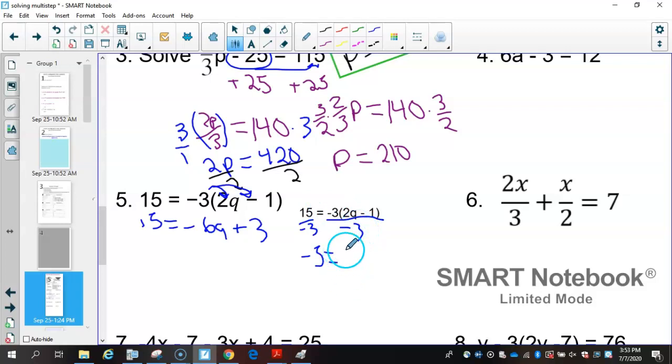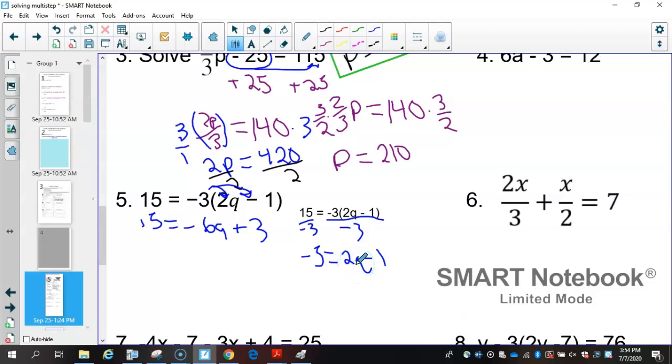But I don't need that 1 in front of these parentheses anymore, because 1 times anything will just be whatever I multiplied. So I can just put what's inside the parentheses. And right now this has become a different equation than up here, but it will be solved very similarly. And that's okay.